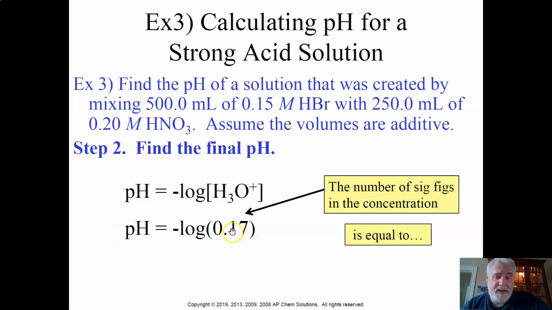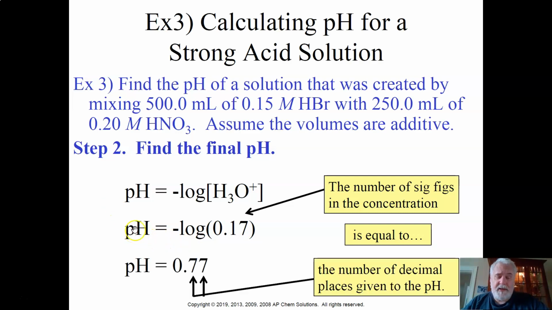For the pH we'll have 2 places to the right because our concentration had 2 sig figs. So when we do our pH, we'll go 2 places to the right, and in this case, 2 sig figs either way. But it's always place value. 0.77 is the pH of this solution.